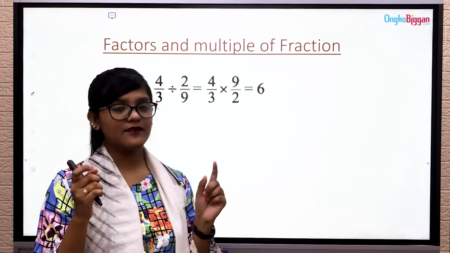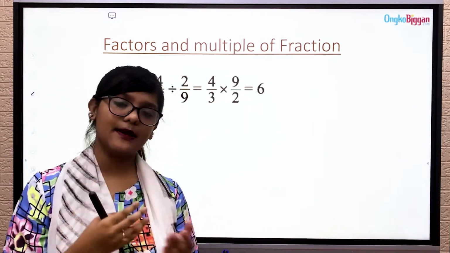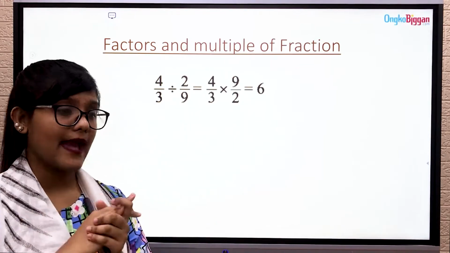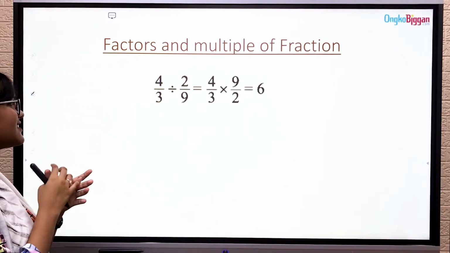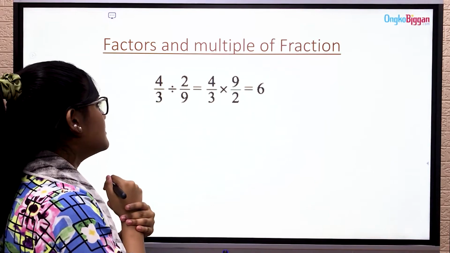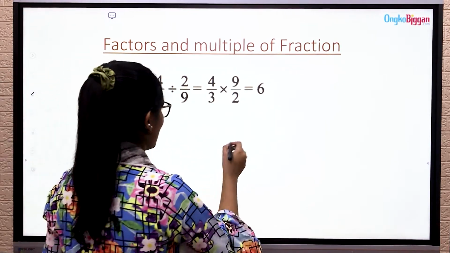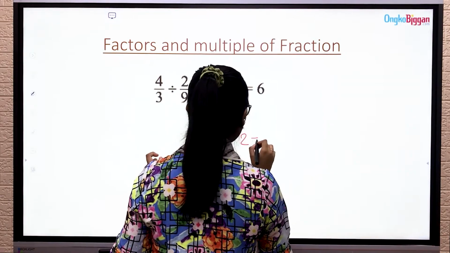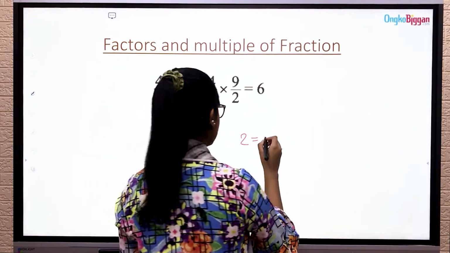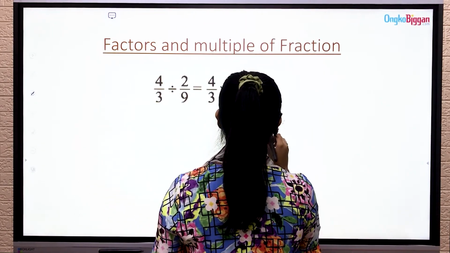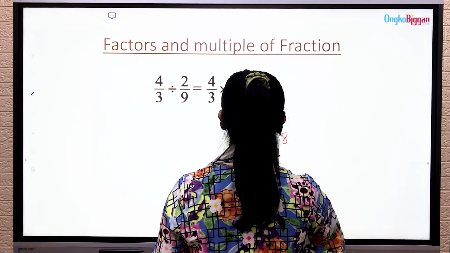That means if we divide the multiples by a certain number, we will get the number back. And factors are those numbers that we get by dividing. I know you know, because I have already discussed it in the previous chapter.